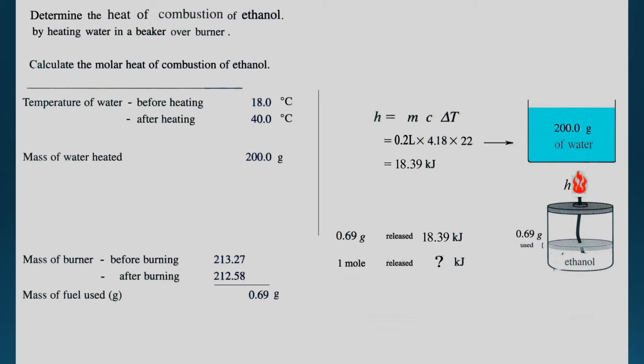Once you calculate the H, the question asks how much for 1 mole. 0.69 gram releases that much, so 1 mole releases how much? Number 1, convert the units into the same unit.